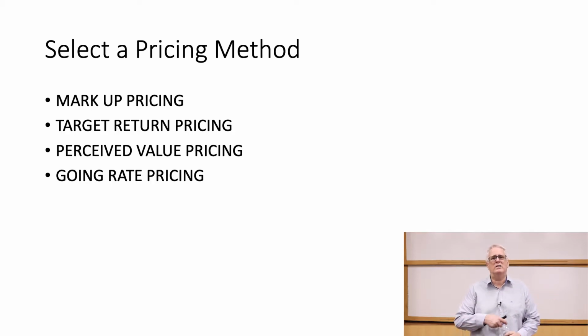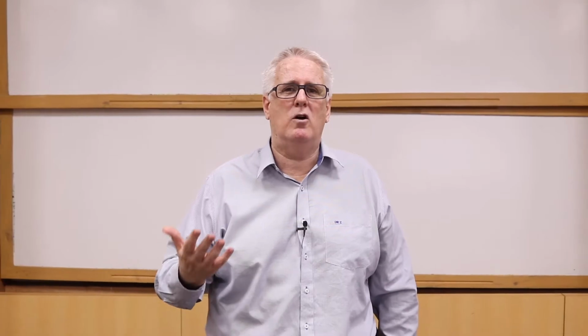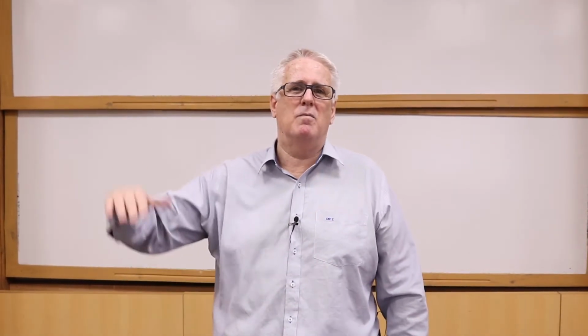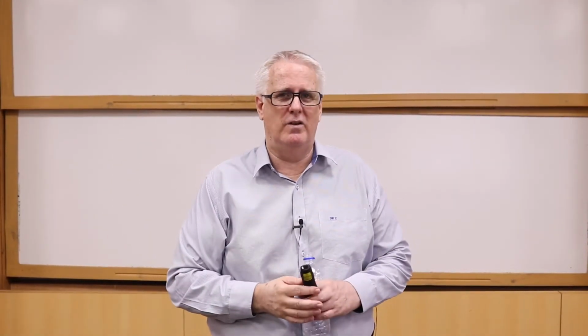Going rate pricing says, look at your competitor, and they sort of set the ceiling, right? Because eventually there's this competitor out there that if your prices get too high, they're going to compete with you and they're going to bring your prices down. So while markup pricing is largely cost driven, going rate pricing is much more what I would call competitively driven.